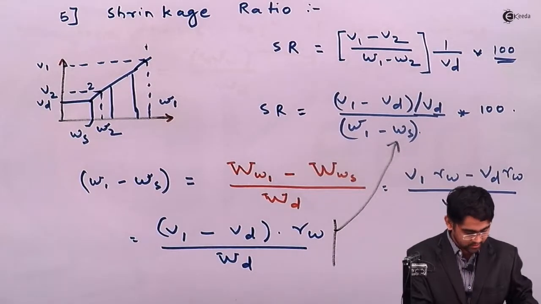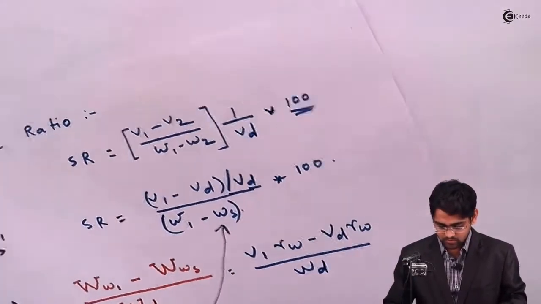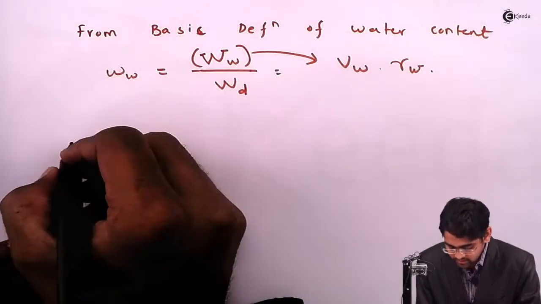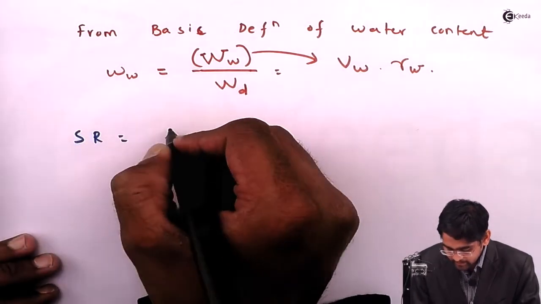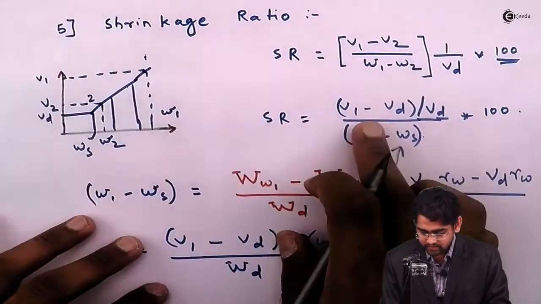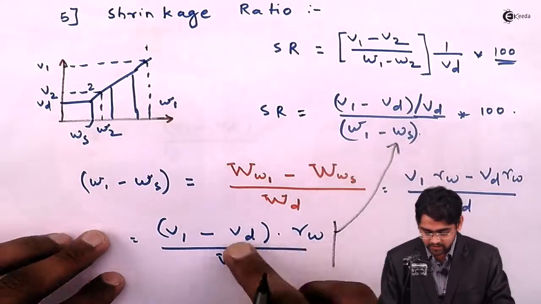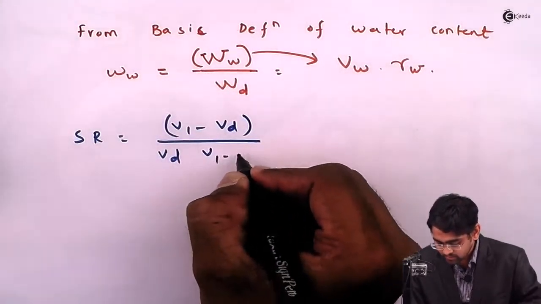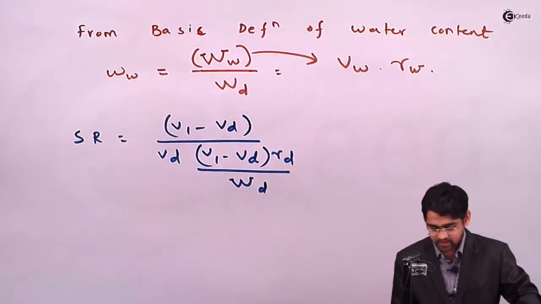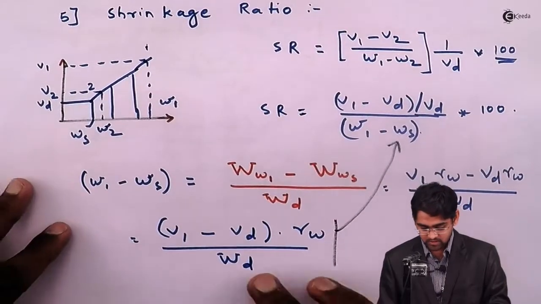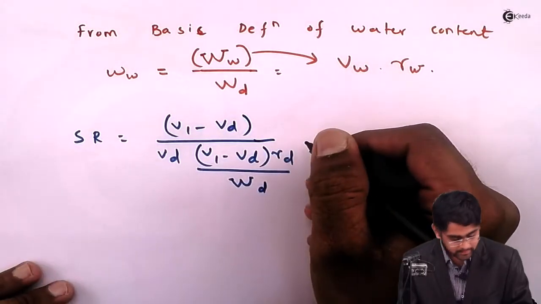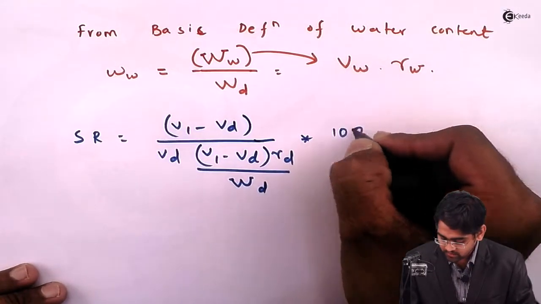I'll get the shrinkage ratio SR equals (V1 minus Vd) divided by Vd. So here V1 minus Vd divided by Vd, Vd goes over here, and this becomes again (V1 minus Vd) into gamma W divided by capital WD, that is the weight of the dry soil, or I think dry soil is sufficient because it has the same meaning, into 100% because it's a ratio.